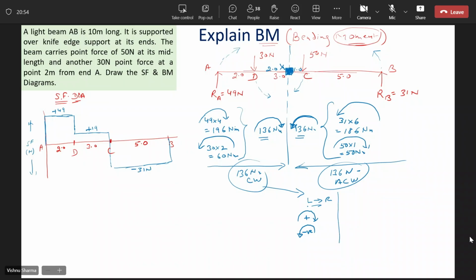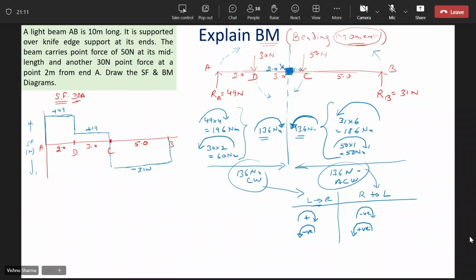I don't have to repeat, the other side would be reverse. If you are coming from right to left, then clockwise moment will become negative here, and anti-clockwise moment will become positive.